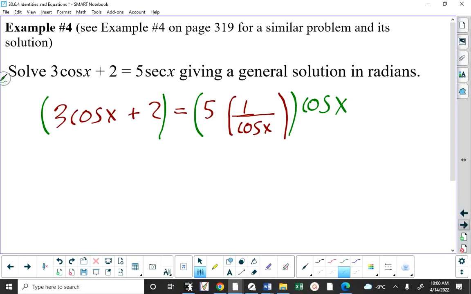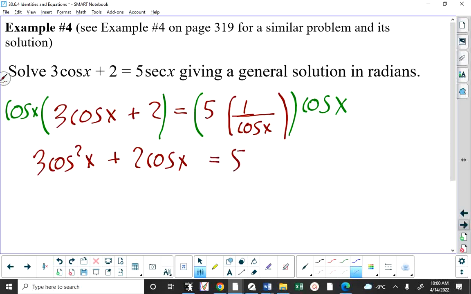So I'm going to multiply both sides of this equation by cosine of x. And then on the left-hand side, I'm going to get 3 cos squared of x plus 2 cos x equals 5.